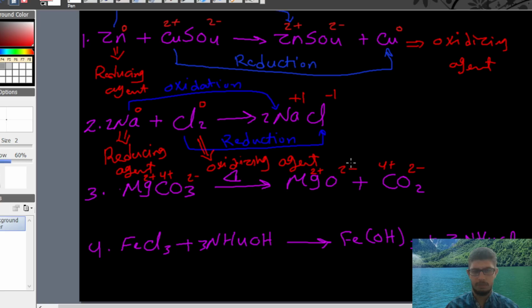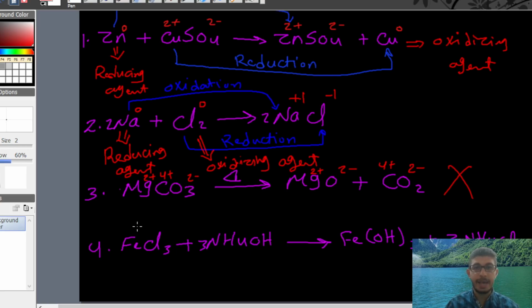What happened? Nothing happened. There is no oxidation or reduction reaction here. There is nothing happened to the oxidation states of the elements. Simply, this is not a redox reaction. There is no change in the oxidation state of any element, right?